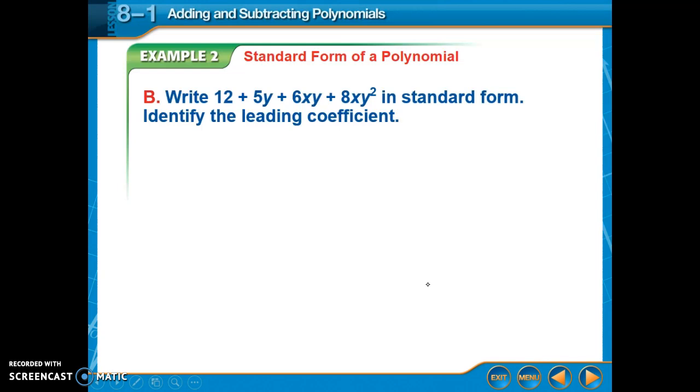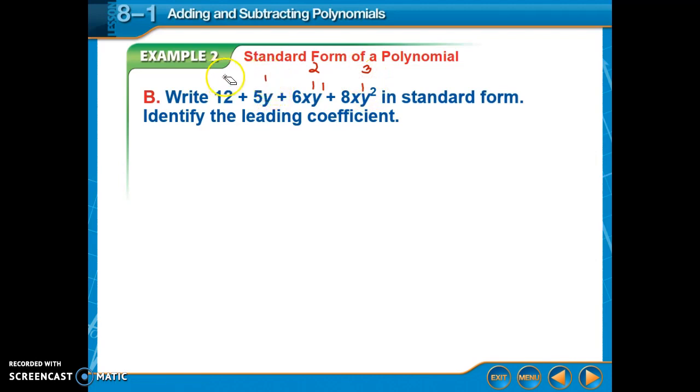All right, so if I want to write this in standard form and identify the leading coefficient, when I have 2 variables, I add the exponents for both of them. So this one would be 2. This one would be 3, because there's 1x and 2 y's to make a total of 3.